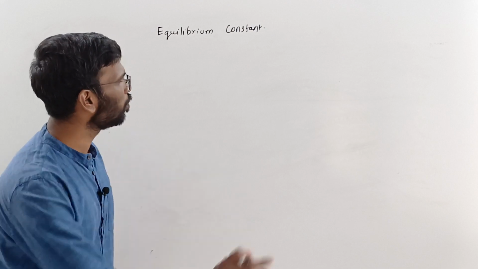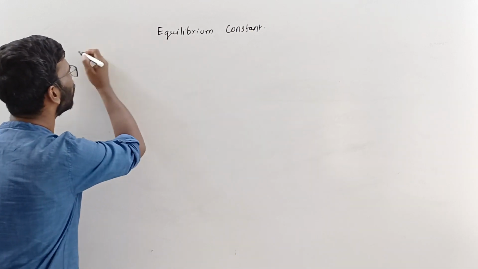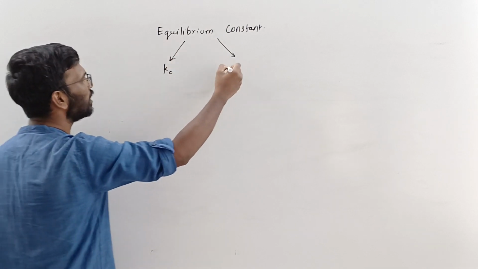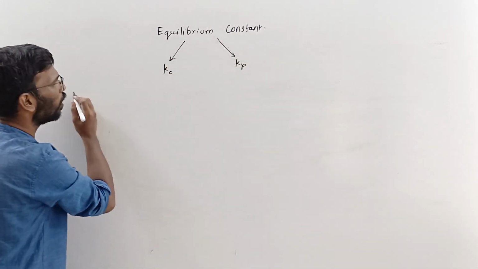Next is equilibrium constant. So here you are going to learn about two things: one is Kc, and the other is Kp. What is Kc?